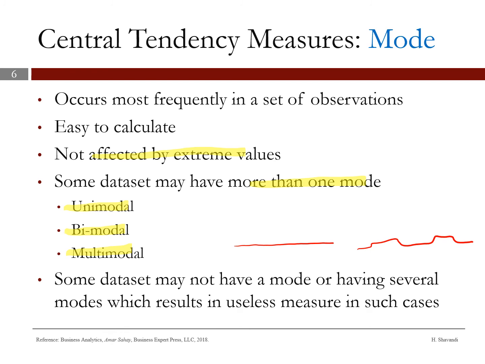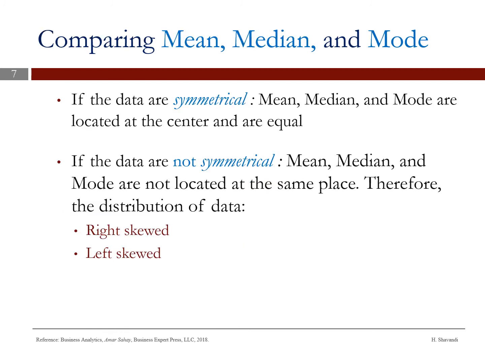Okay. When the data are symmetrical, like a normal distribution like this, for example, then the mean, mode, and the median all are in the same place.